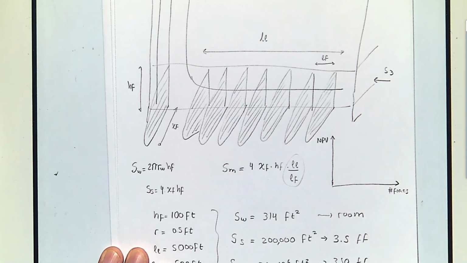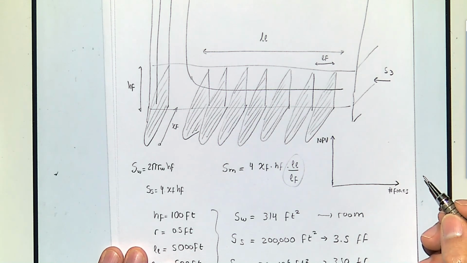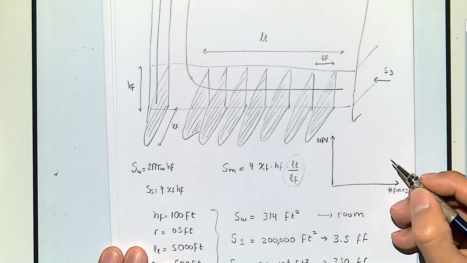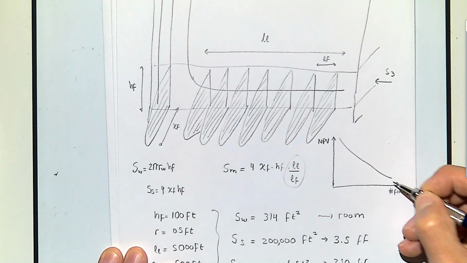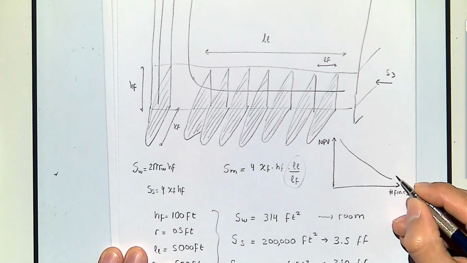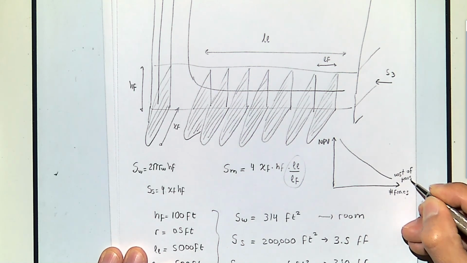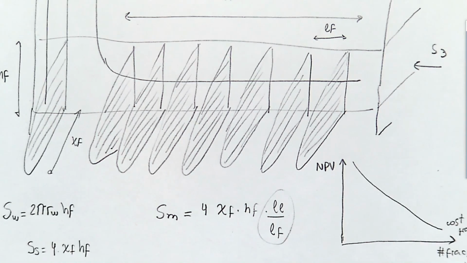So the more fractures you have, the more costly this is going to get, right? Because you have to pay for each of those. So the higher the number of fractures, the lower your NPV is going to be when you consider just the cost of the fractures. I was thinking about this graph today.